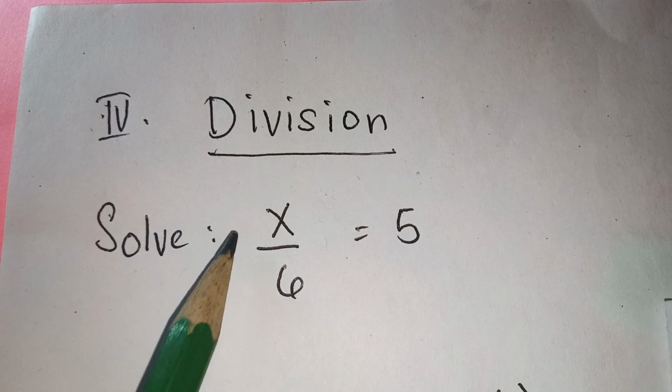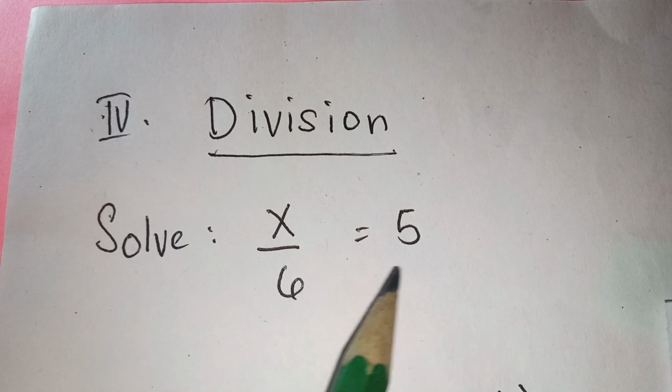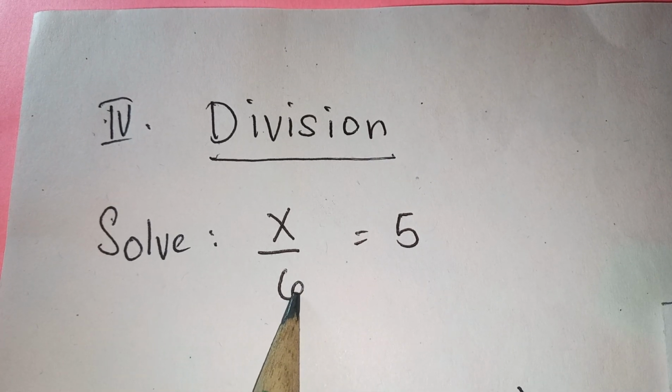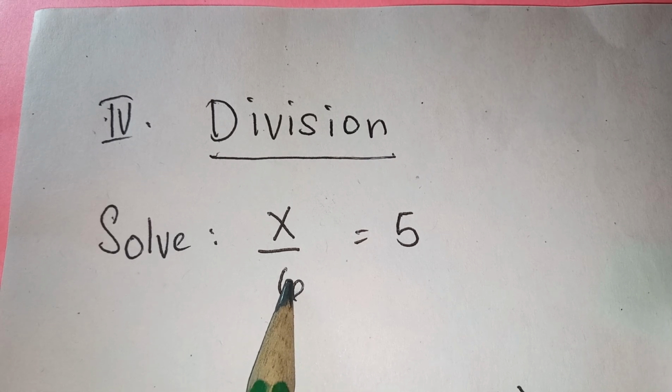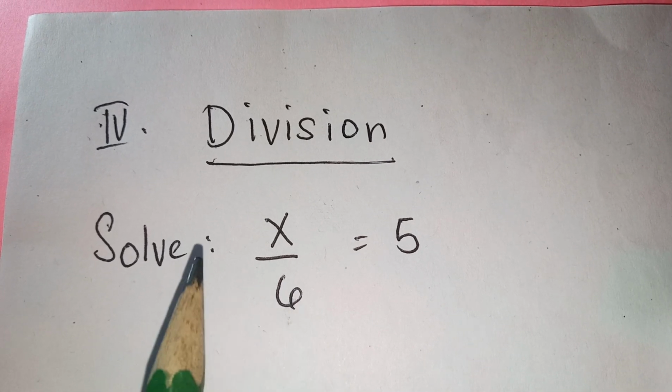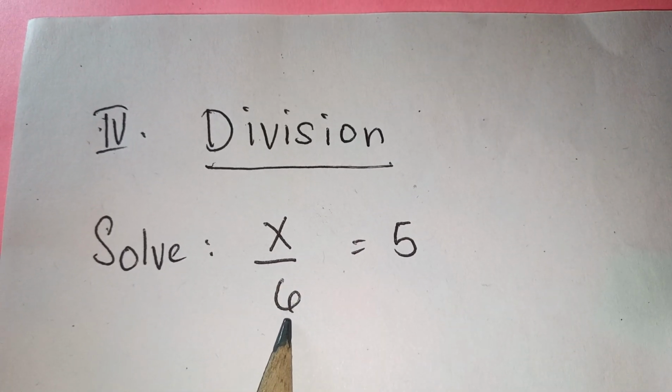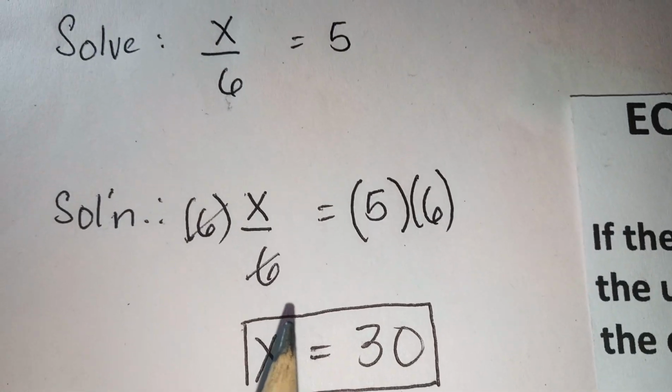Ayan, nagdi-divide tayo dyan. x divided by 6 equals 5. Okay? So, yun ang equation natin. Para ma-eliminate natin yung 6, ang inverse operation ng division ay multiplication. So, ita-times natin sila both side ng 6.